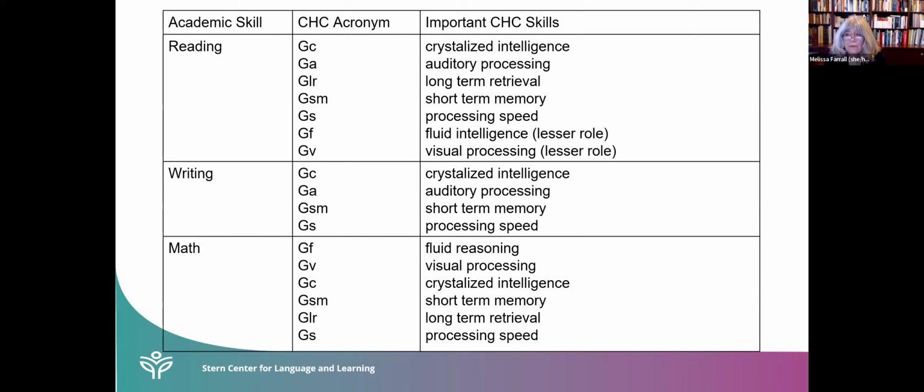So different abilities support skill in reading, writing, and math. And when you see these scores over time, you get to see that there are patterns and that specific weaknesses often manifest themselves in specific academic challenges. So what's really nice is to look at a kid's profile as a whole and kind of go, yeah, and this makes sense.